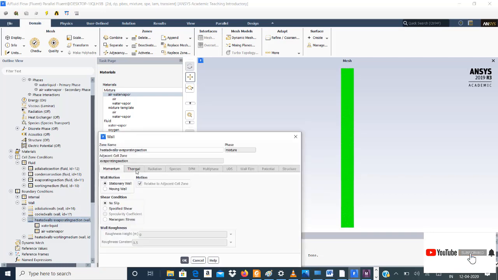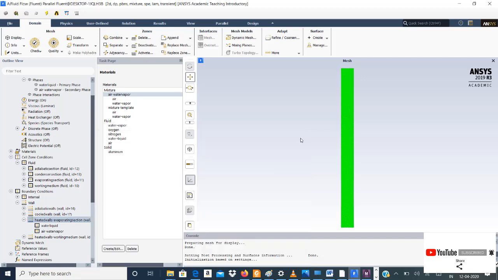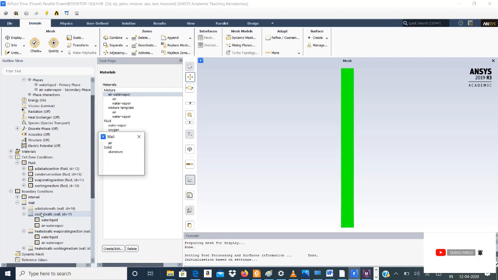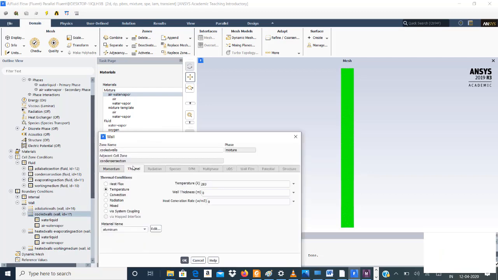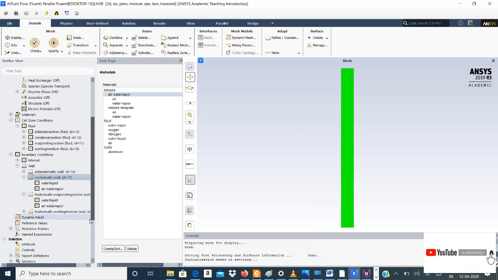For the cooled walls, it is 283 Kelvin, that is 10 degrees centigrade. For the adiabatic wall, there is no heat flux, so heat flux is 0.